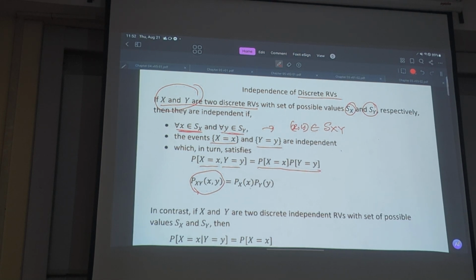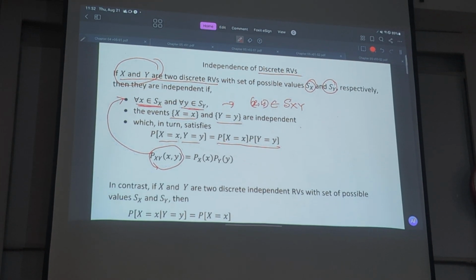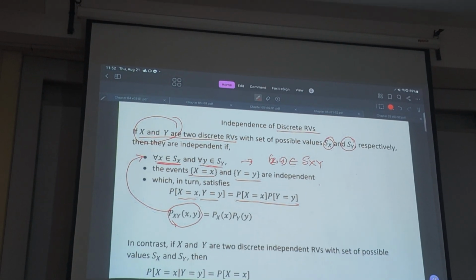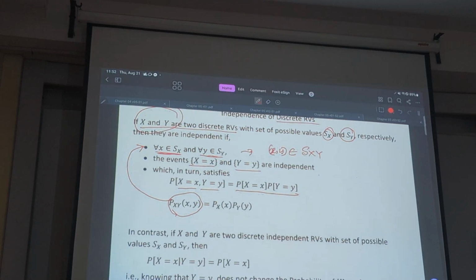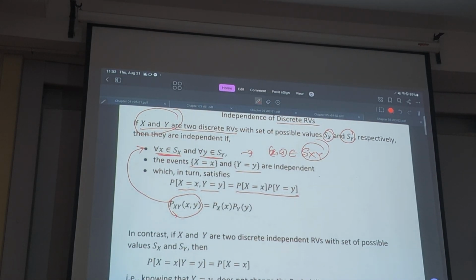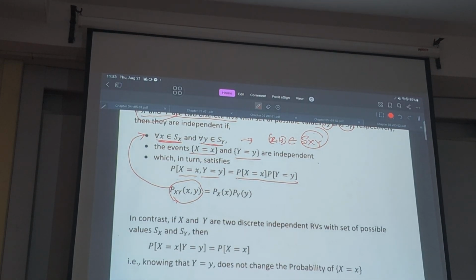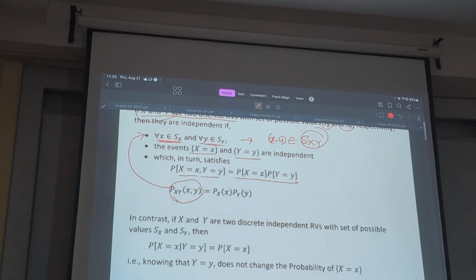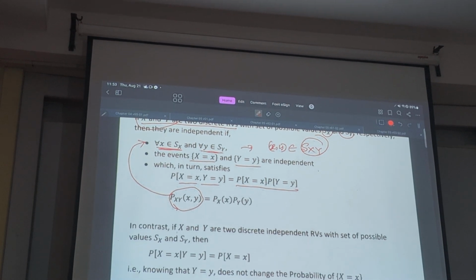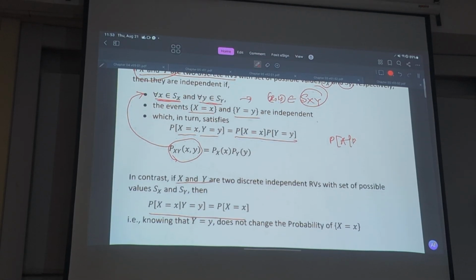And this condition should be true for all values of x and for all values of y. So it has to be satisfied for all values. Furthermore, if X and Y are independent, then this relation is also true. I think we can recall this one.